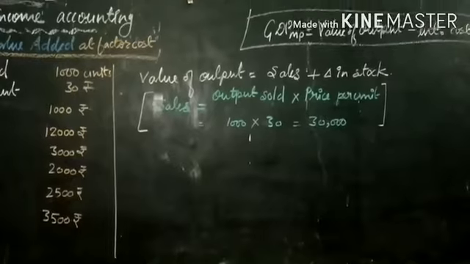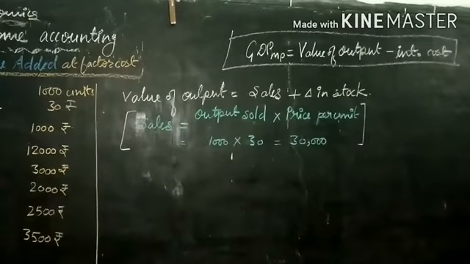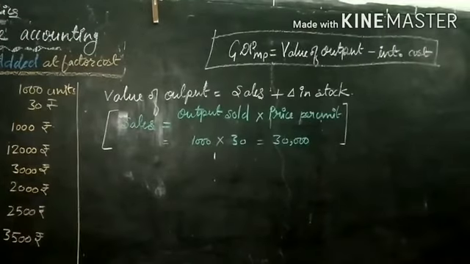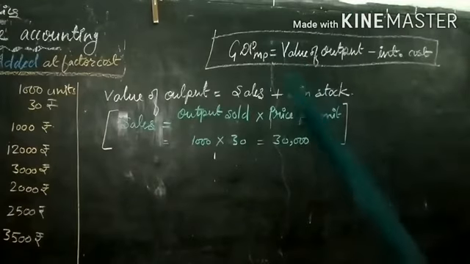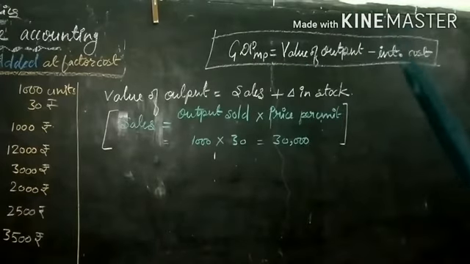Now, the formula to calculate GDP at market price by using value added method is value of output minus intermediate cost. Value of output is not given in the question. Instead, output sold in the market and the price per unit are given. Value of output can be estimated by the formula sales plus change in stock.